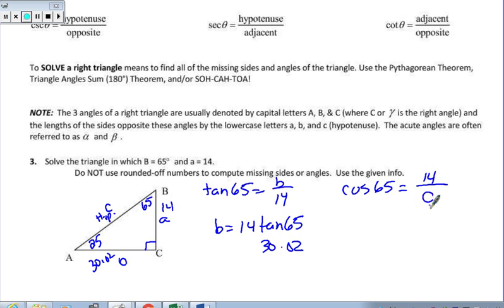If the variable's in the denominator, you just switch these two to solve. I remember that because denominator starts with d, and when I switch, we wind up with a division. If you put that into a calculator, you would get 14 divided by the cosine of 65, and that would get us about 33.13.